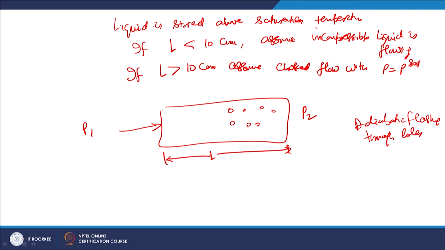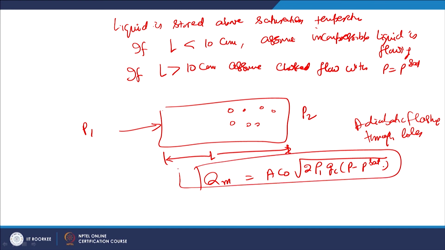So, mass flow rate can be given as Qm is equal to A C naught square root of 2 rho 1 Gc (P minus P saturation).